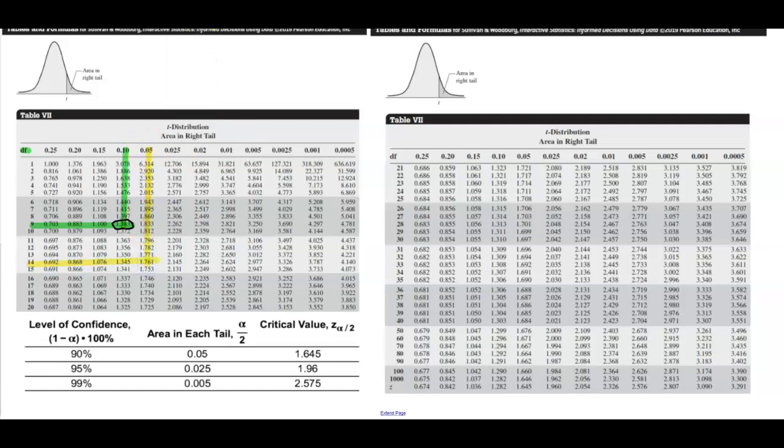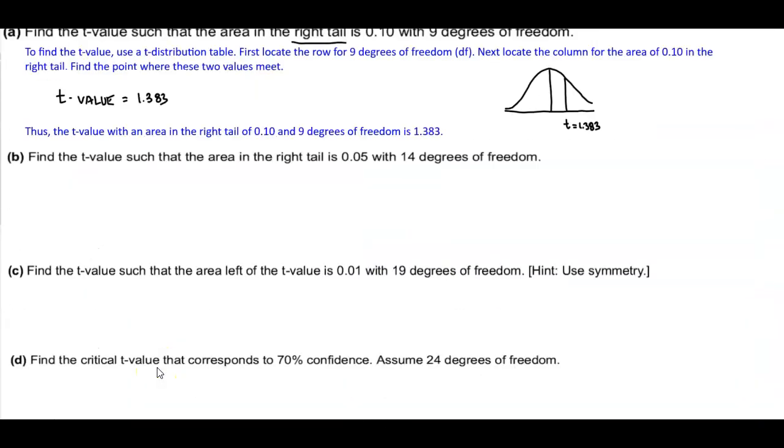Therefore, we get 1.761. So the t-value is equal to 1.761. Writing that as a sentence, we would say that the t-value in the table is 1.761.